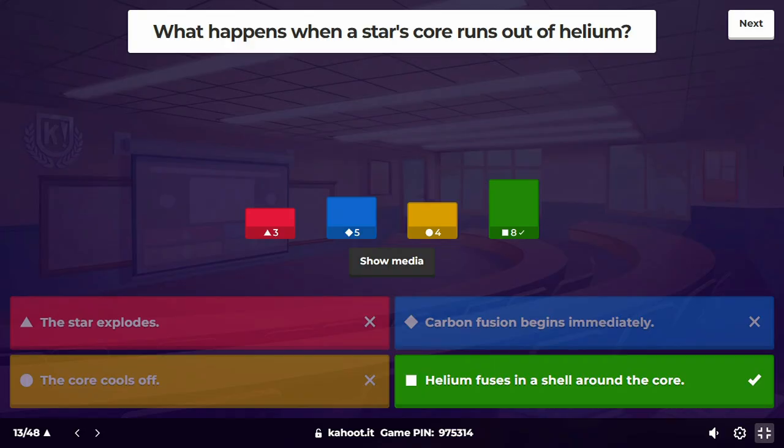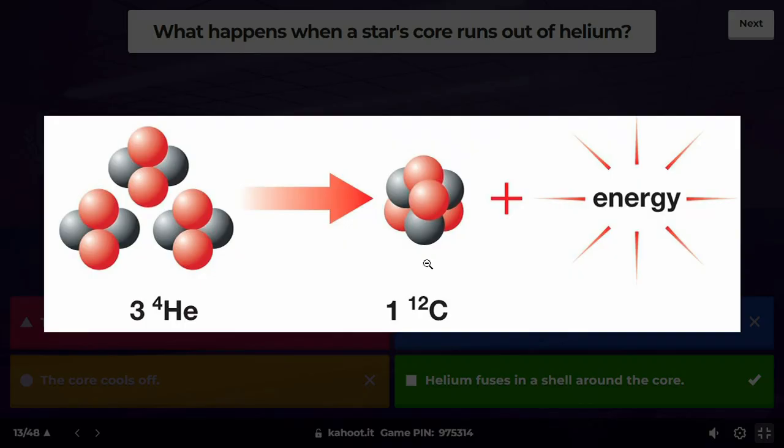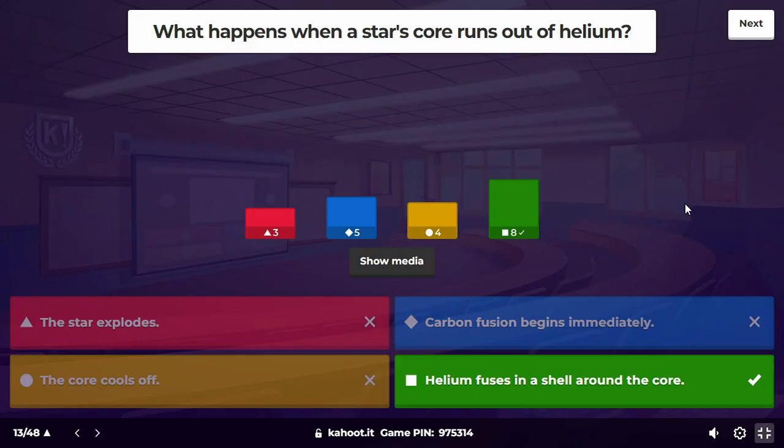Yeah, so it'll be a similar process to what we saw before. So this helium fusion was turning helium into carbon. So eventually your carbon is going to displace the helium in your core, and so you can get the shell of helium to start fusing around that inert carbon core.